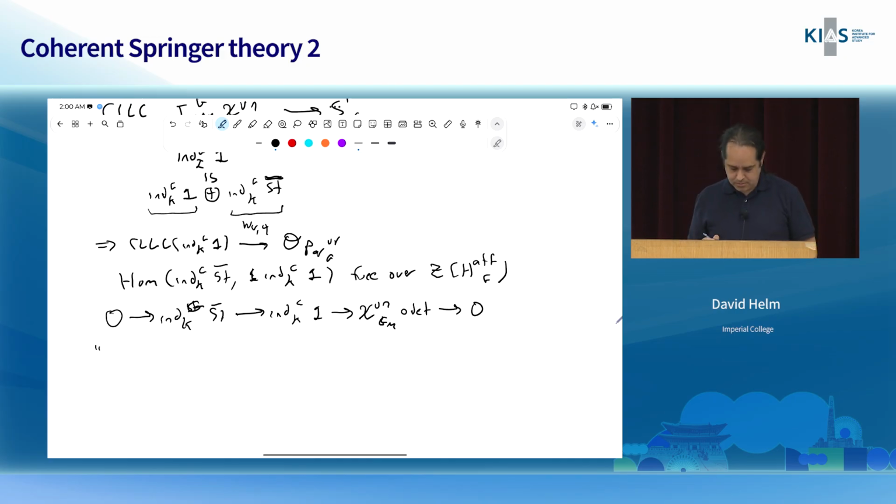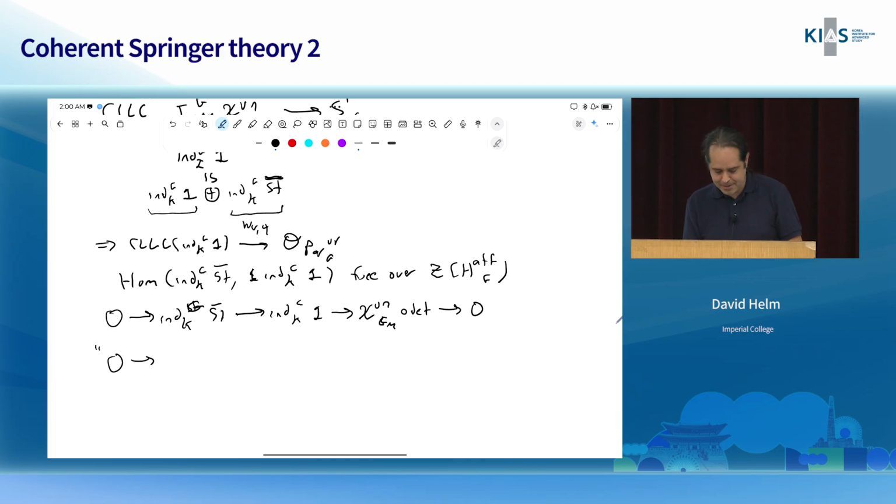Okay, so that suggests that if this equivalence were an underived equivalence, then we would expect an exact sequence where the first term is the structure sheaf on the whole thing, the second term is the structure sheaf on the unramified component, and then the map between them should generate all of the maps between them.